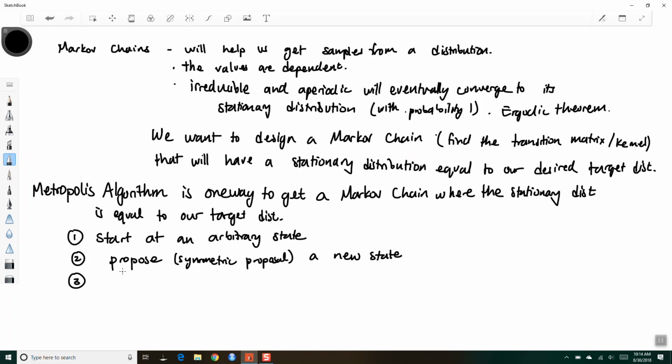At the next step, you'll either go to the new state that you just proposed, or you'll stay put, remaining at the current state.